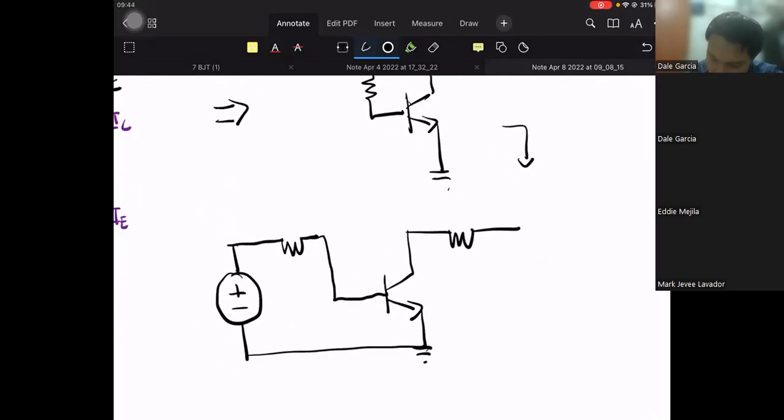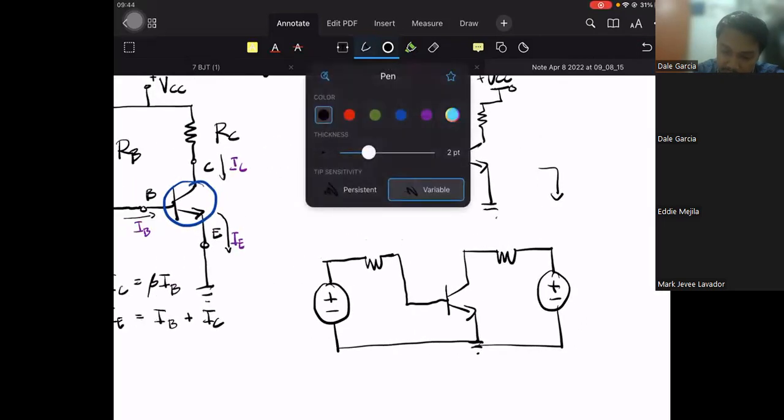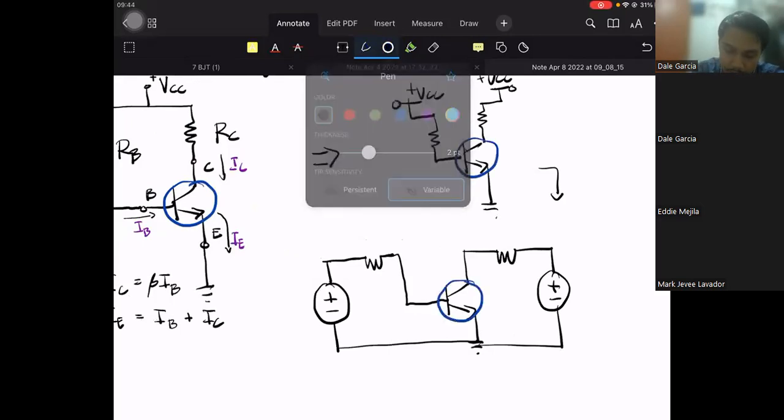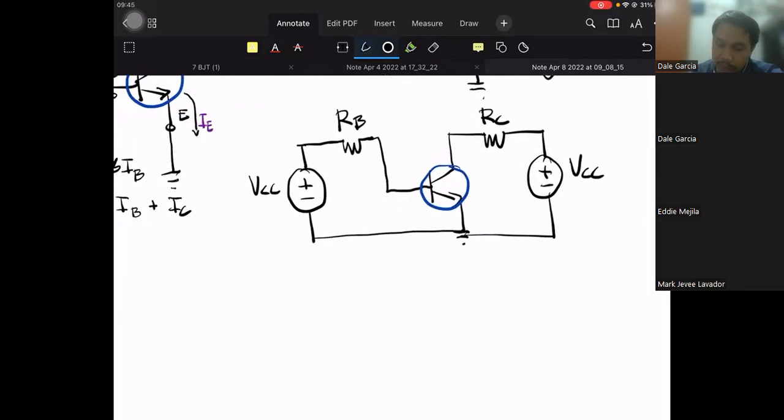Connected sa ground. No. Okay. So I think mas familiar ni siya nga type of circuit. So this is RB. This is RC. This is VCC. This is VCC. Same value. Okay. So meaning, we could create two separate KVL equations.